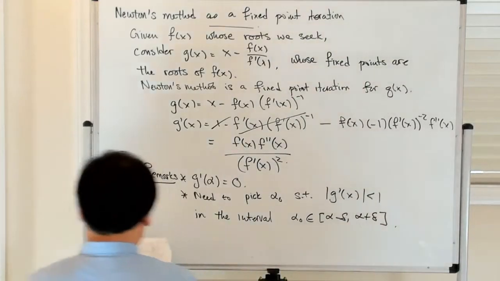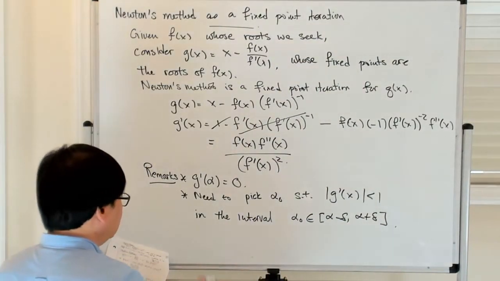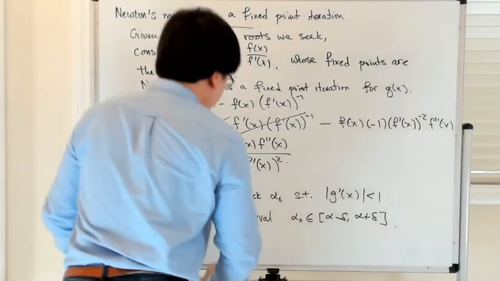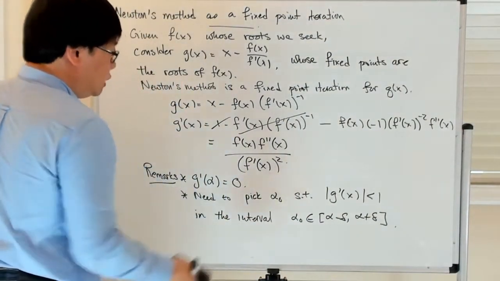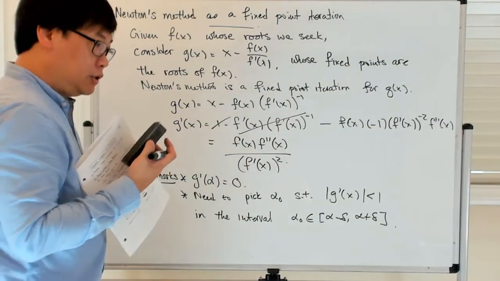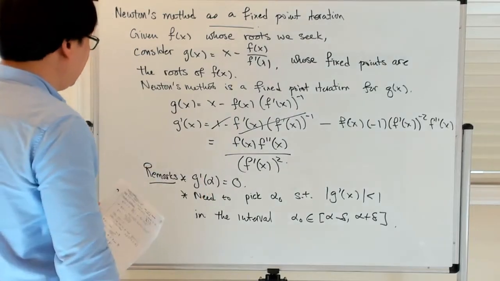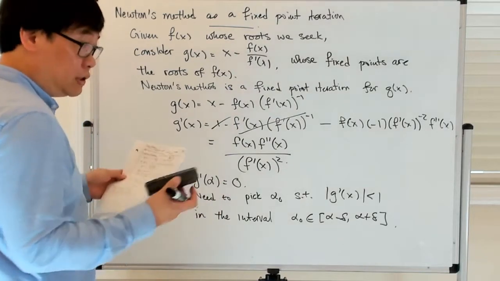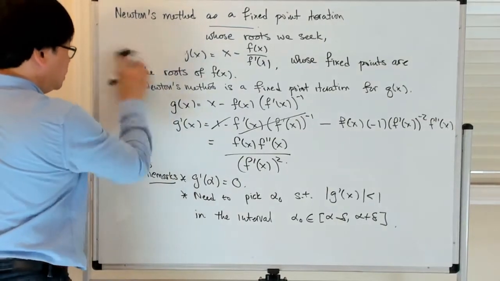So let me give you an example of using this condition to figure out an interval about a root for which Newton's method is guaranteed to converge.